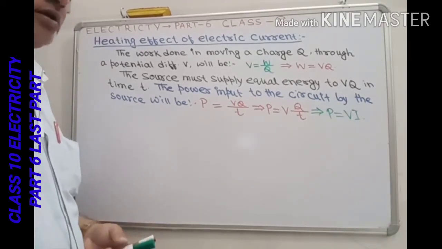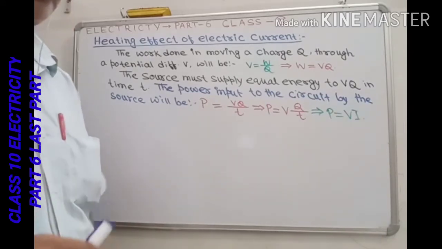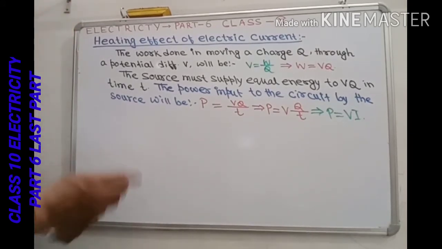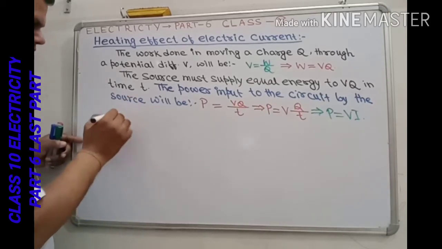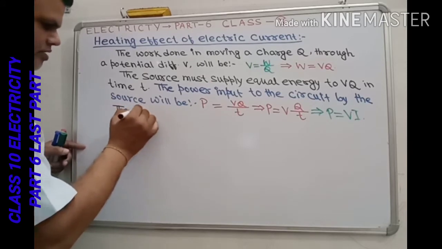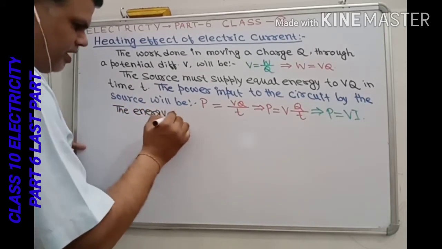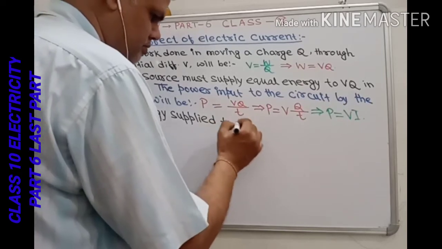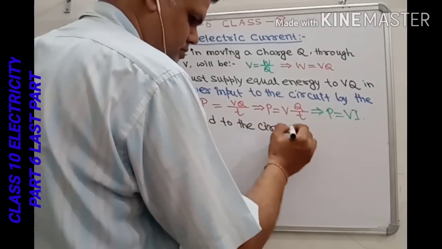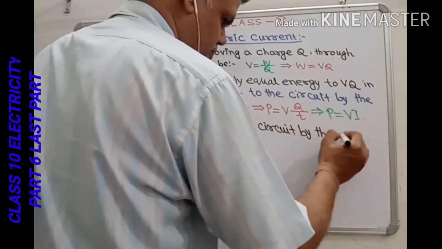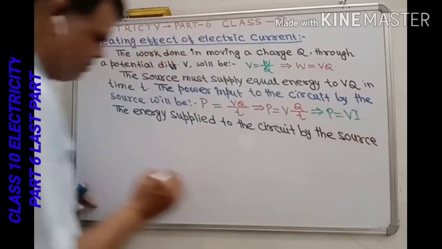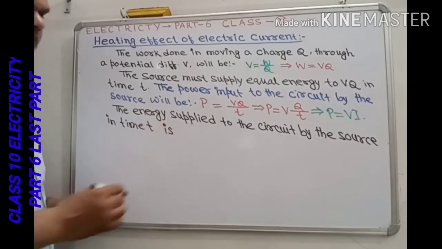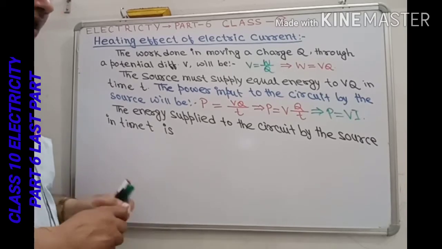We can also say that the energy supplied to the circuit by the source in time t is given by power multiplied by time.